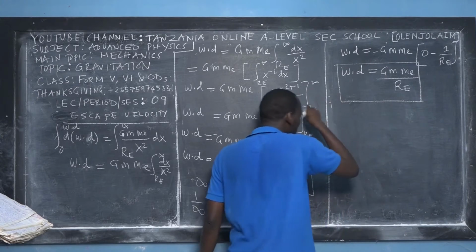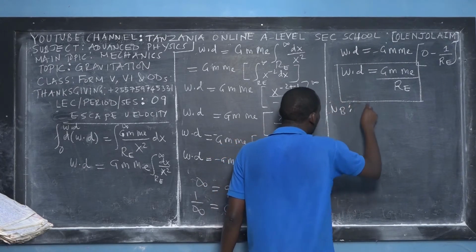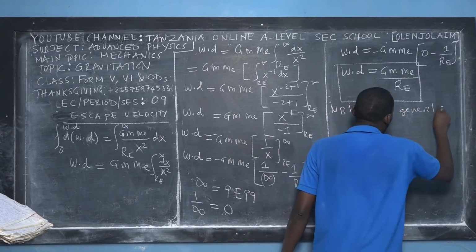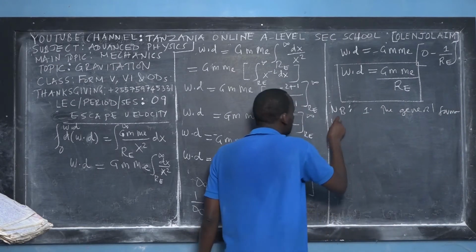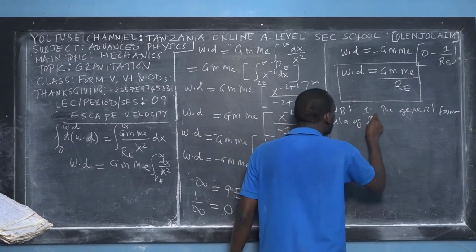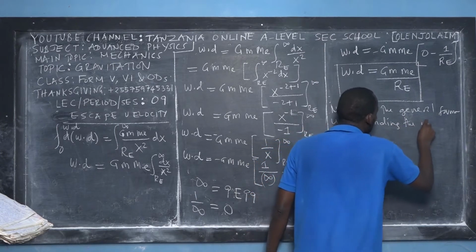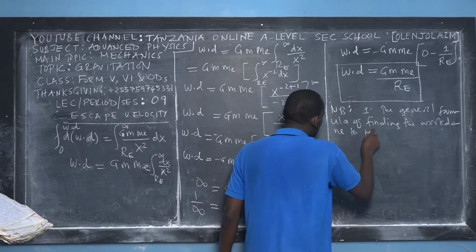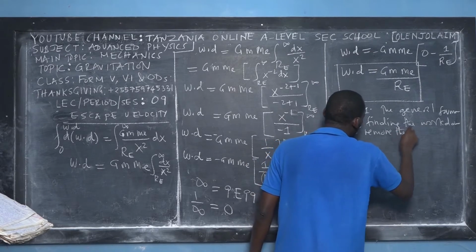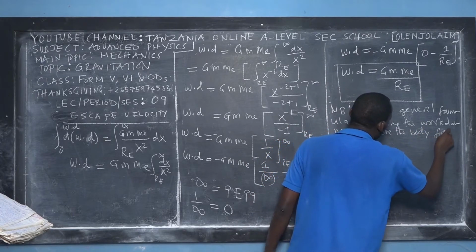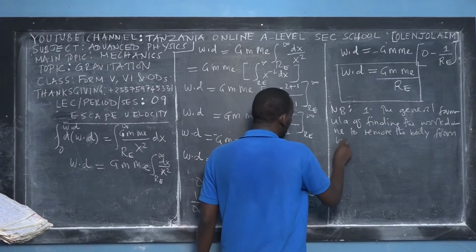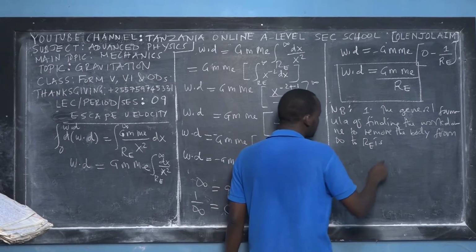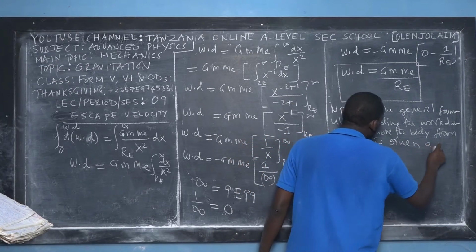So note these 2 points before I continue. The first point, the general formula of finding the work done to remove the body from infinity to radius r, or to RE, is given as this formula.